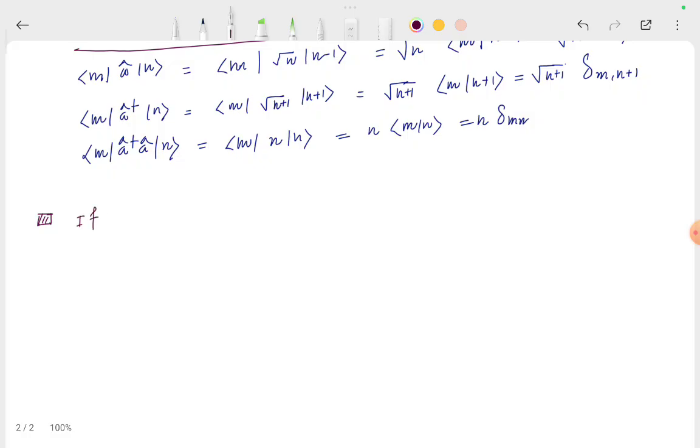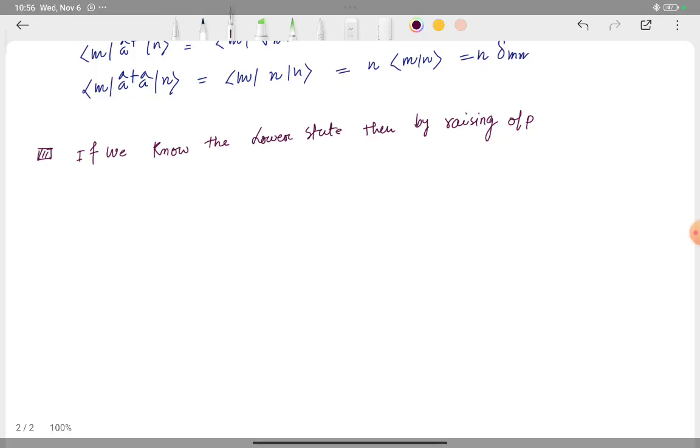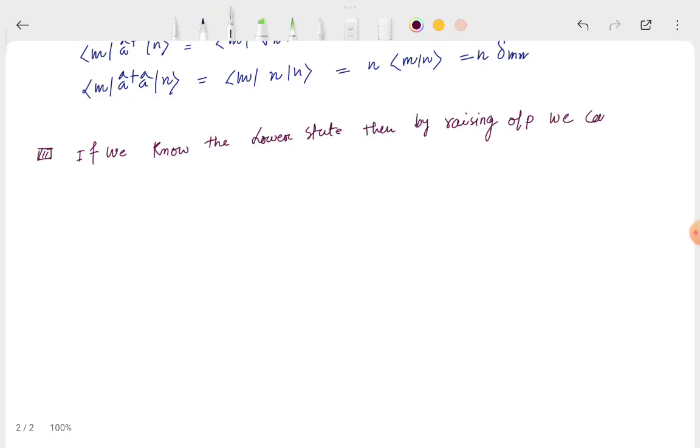If we know the lower state, then by the raising operator we can find the higher state.